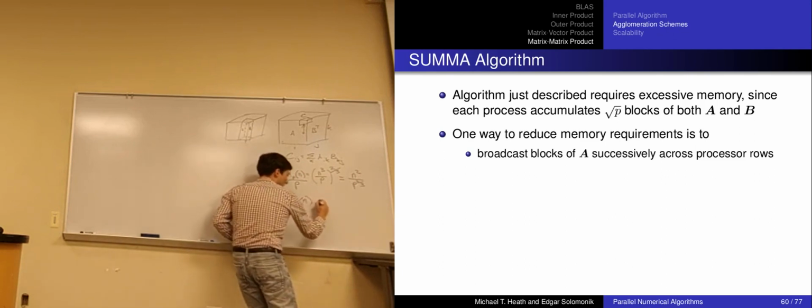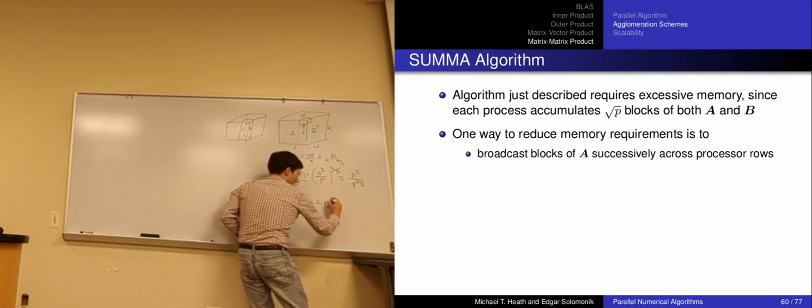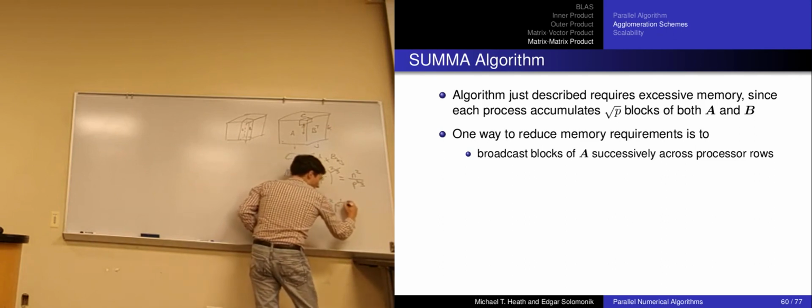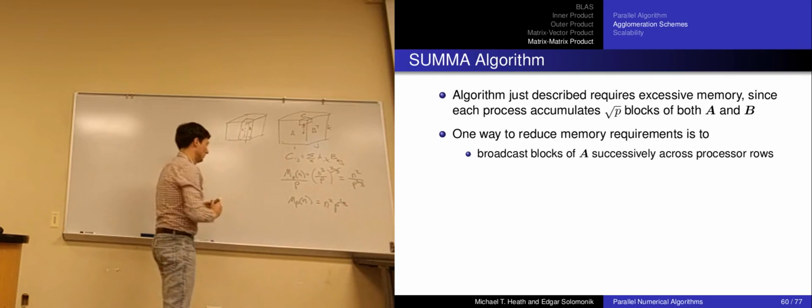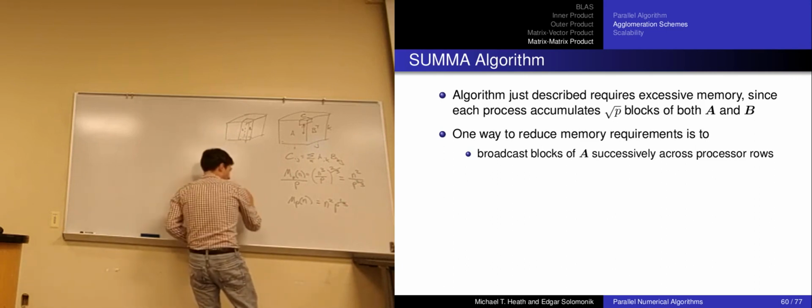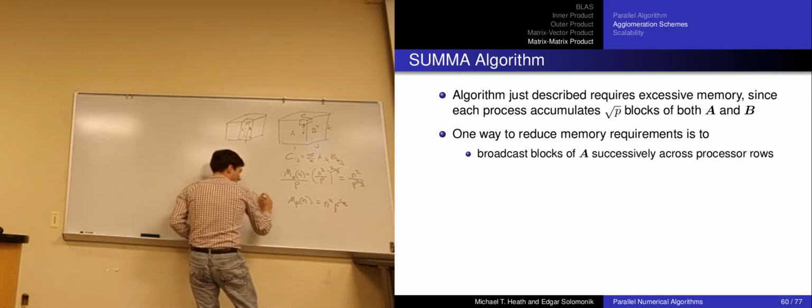That's n squared times p to the 1/3, for the 3D algorithm, while M1 of n is just n squared.